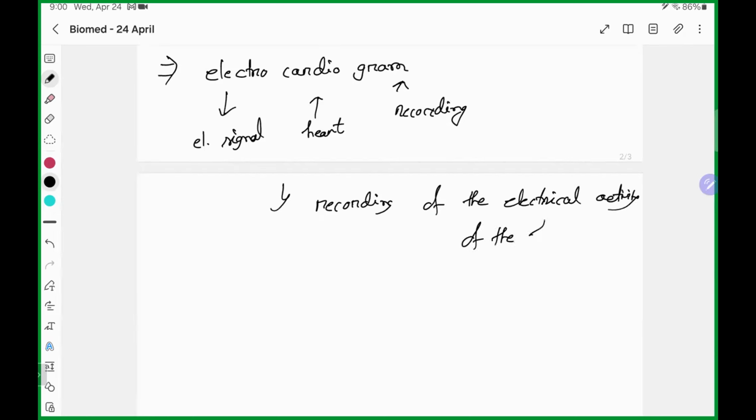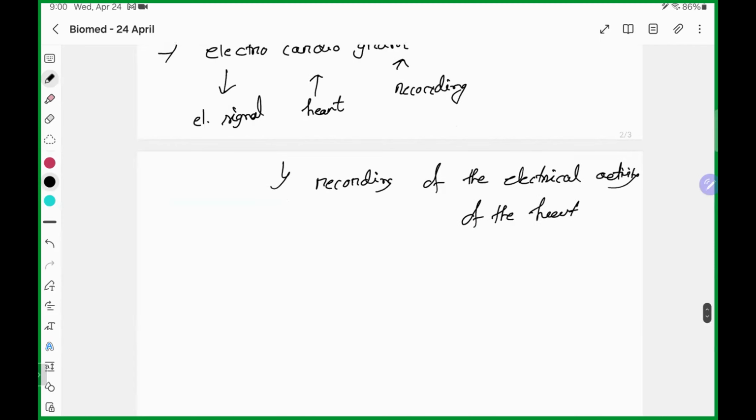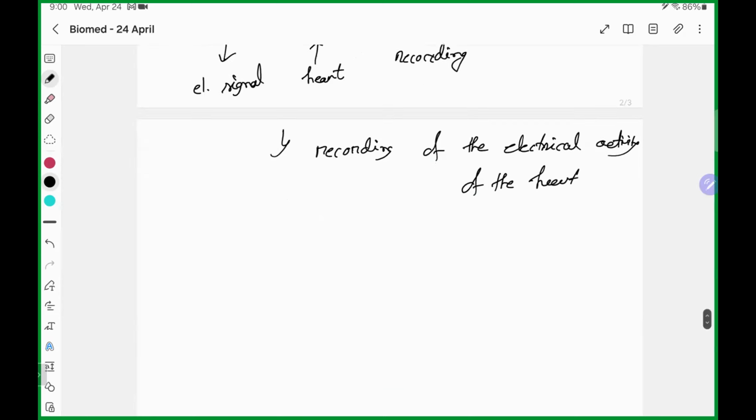We can record it, we can understand it, and based on these things, we can perform different diagnostics of the heart.